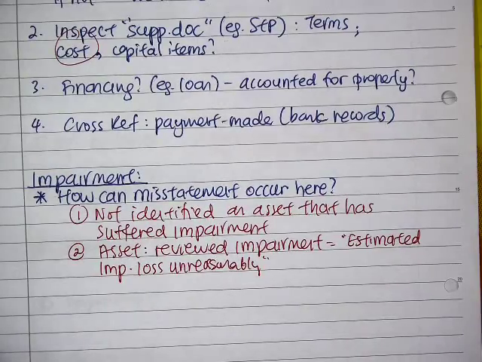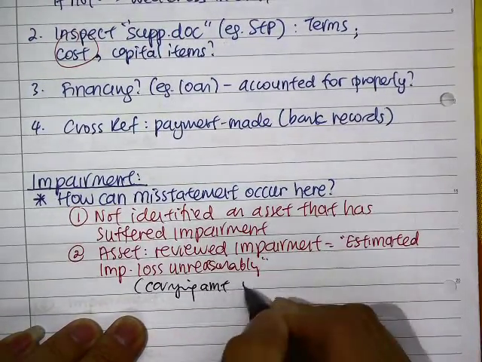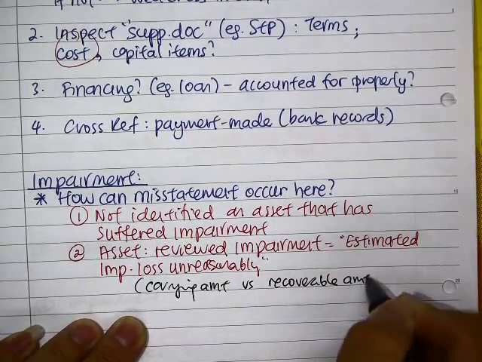What's an impairment? Accounting wise, impairment is when what is higher than what? It's two figures you must compare. One is called carrying amount, then the recoverable amount. So you are looking at the carrying amount with the recoverable amount.